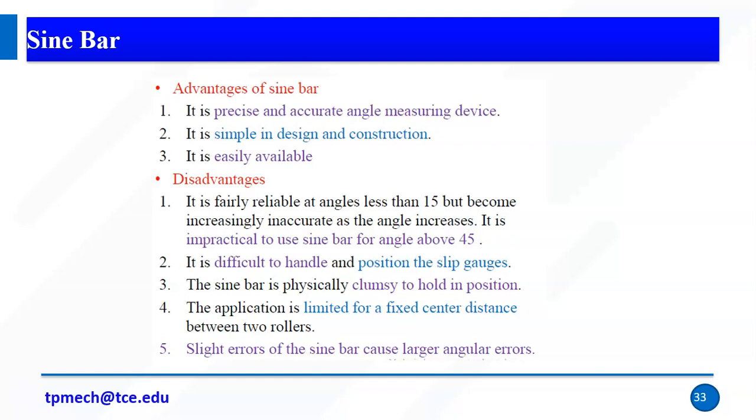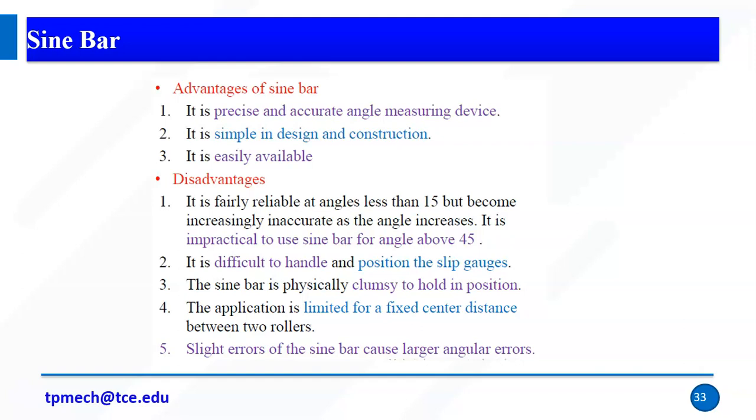It is difficult to handle and position the slip gauges. Again, the wrenching: when placing slip gauges in a row, we need to ensure there is no air gap between the slip gauges. We need to check all this. If any air gaps or foreign particles are present in the slip gauges, then we get a wrong value.